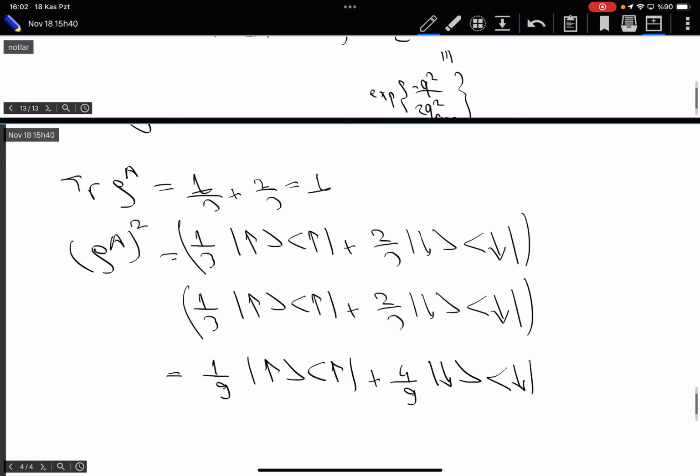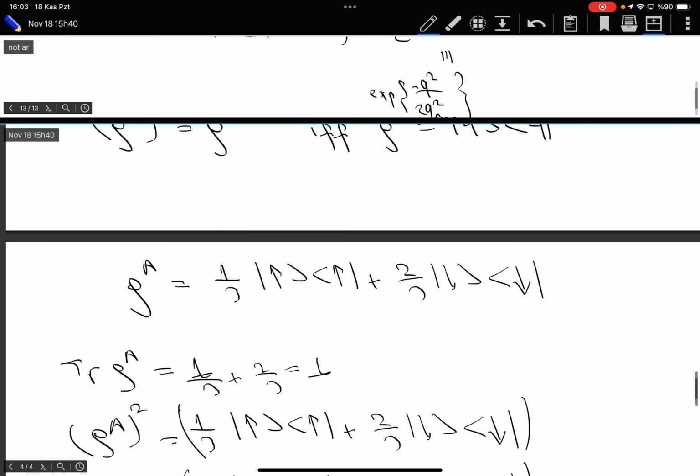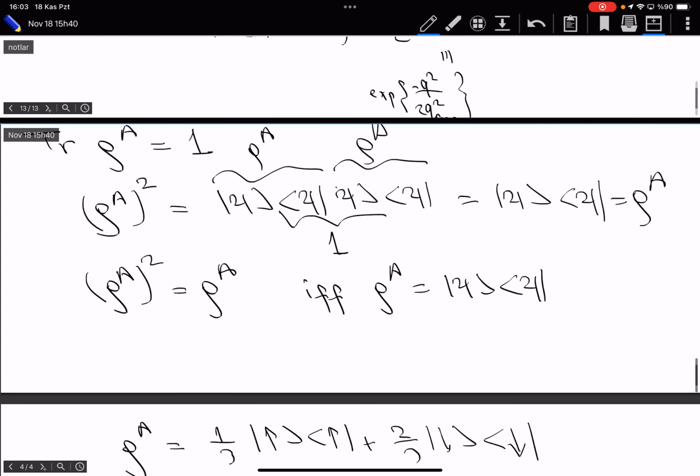There are no cross terms, which is definitely not equal to rho_A. So this property that rho_A squared is equal to rho_A, that the square of the density matrix is equal to itself, is not a general property.